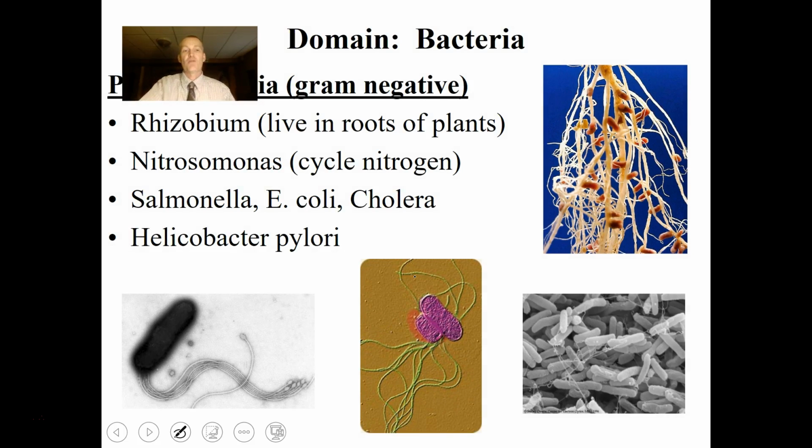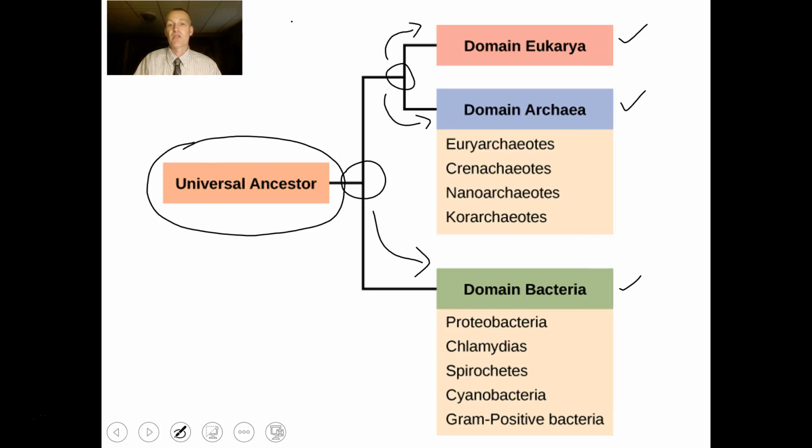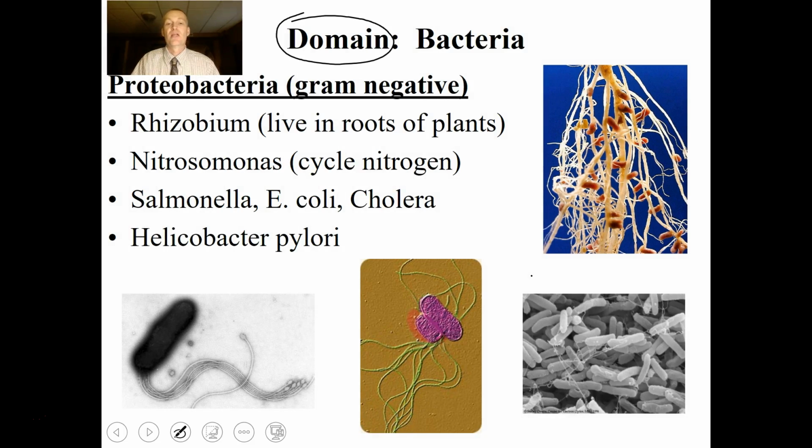So let's talk first of all about this grouping called domain. There are three main domains. You can see there are eukaryotes, the archaeans, and the bacteria. These are major groupings that we use in classification. So we'll talk about bacteria first, and the first grouping I want to talk to you about is the proteobacteria. These are also known as gram-negative bacteria.